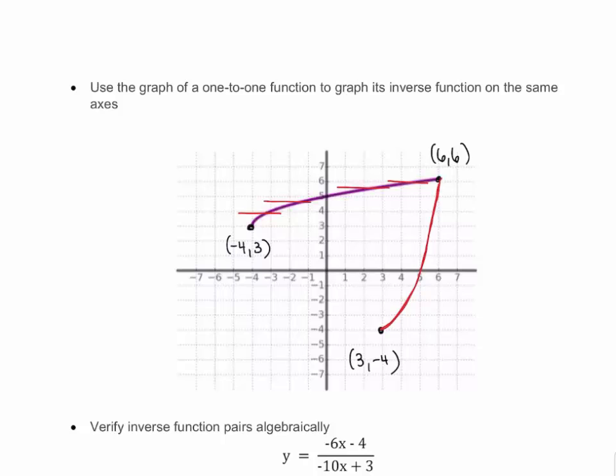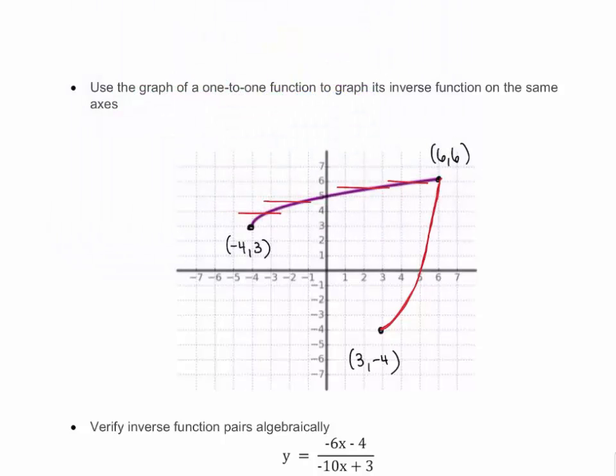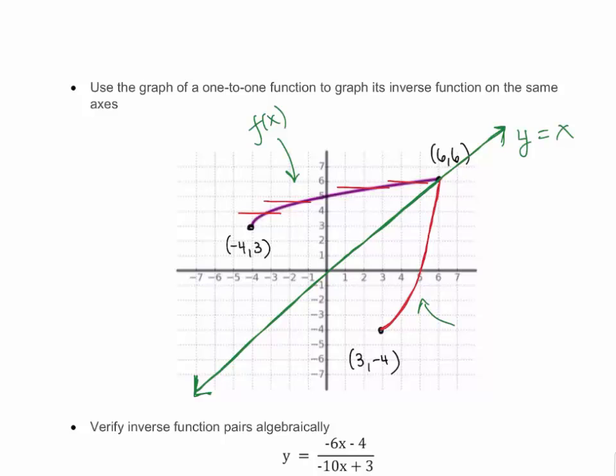Notice that if I make a graph of the identity function, y is equal to x, you will see that these two plots are symmetric about this identity function. So if this function is f of x, then this function is f inverse of x.